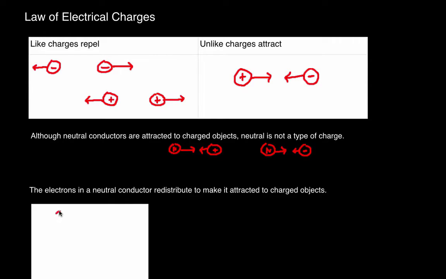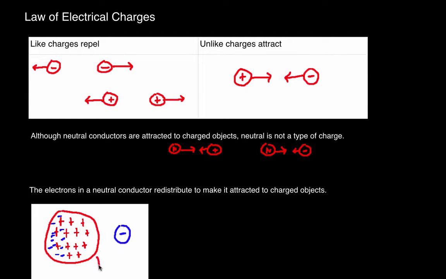So, if you have a neutral conductor that contains positive and negative charges, the positives stay where they are, but if you bring a negatively charged object near it, the negatives run away because they're repelled from that negatively charged object, and it leaves a positive side of the sphere.